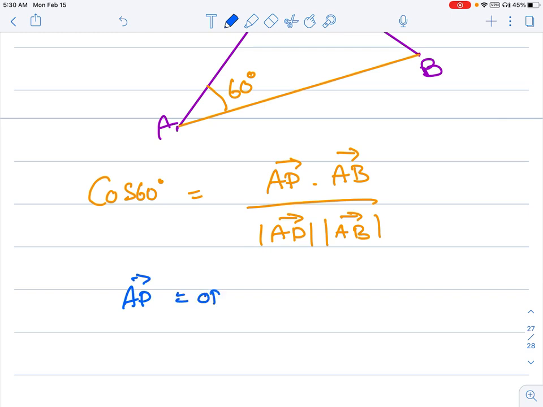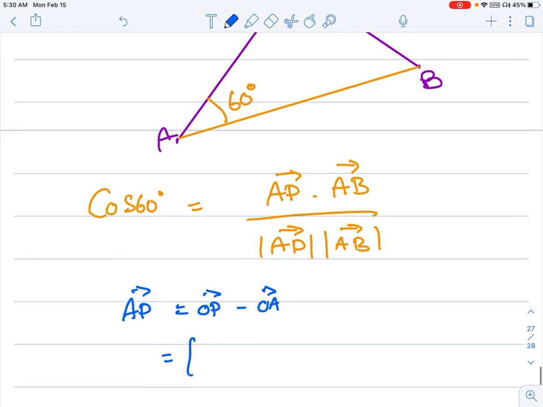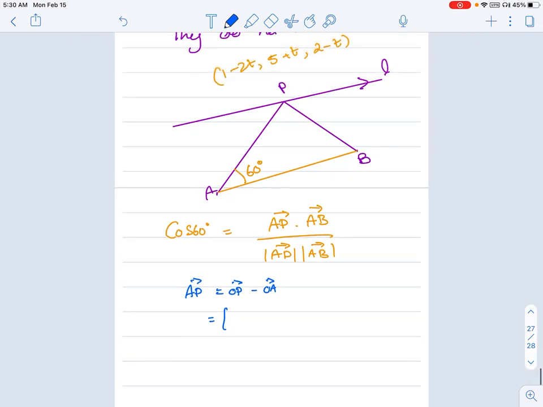AP is OP minus OA. OP, we know, is (1 minus 2t)i plus (5 plus t)j plus (2 minus t)k. This is OP.